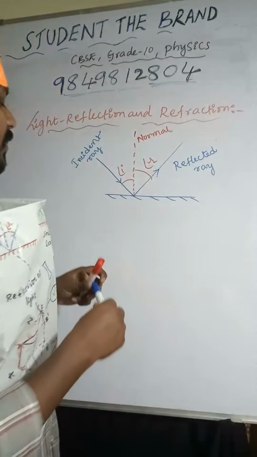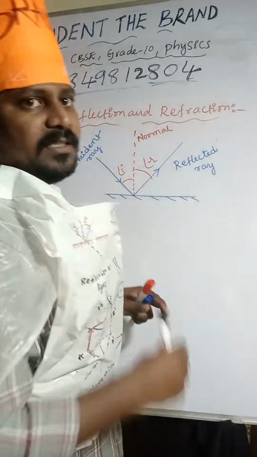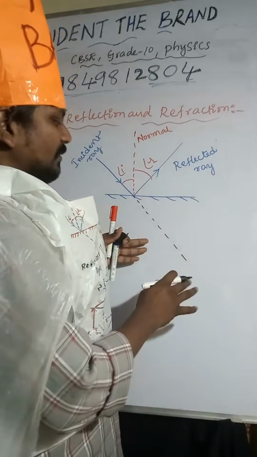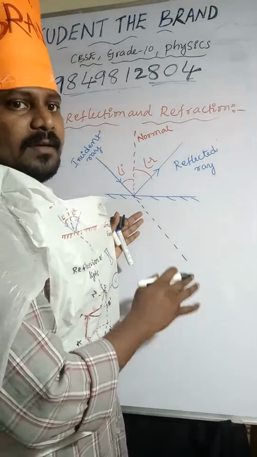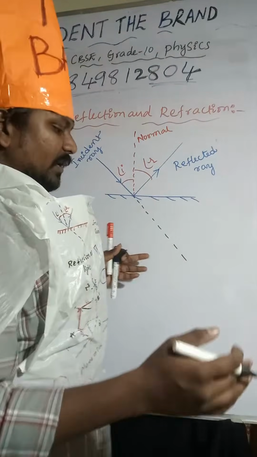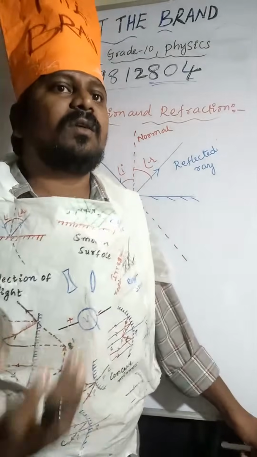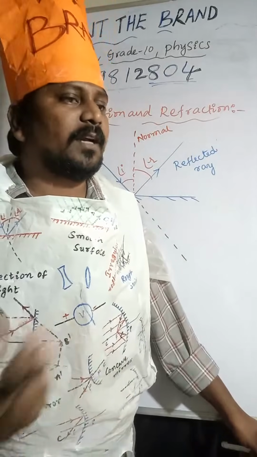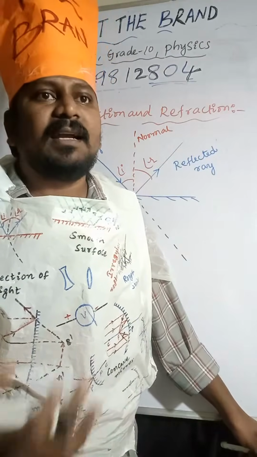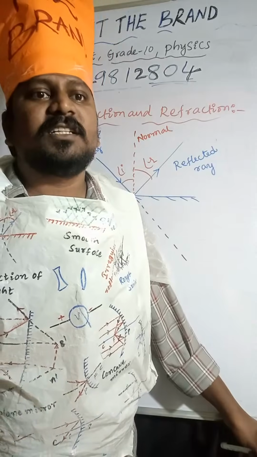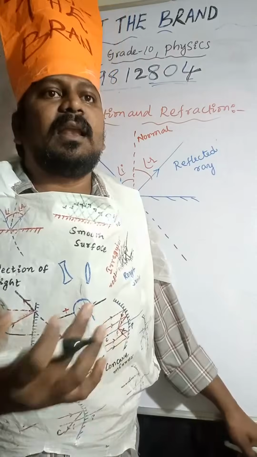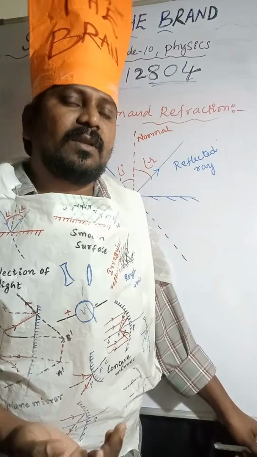The light ray which passes through the surface without deviating is called the undeviated line. There are two types of medium: homogeneous and heterogeneous. In a homogeneous medium, light travels in a straight line path. In a heterogeneous medium, the light ray changes its direction.